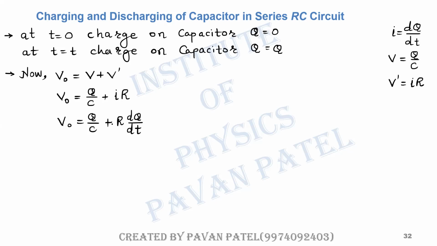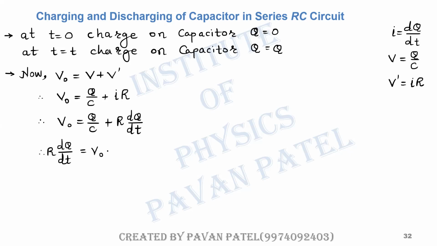So now V0 is equal to Q by C plus R dq by dt. Okay, so R dq by dt, Q by C को left hand side ले जाइए.